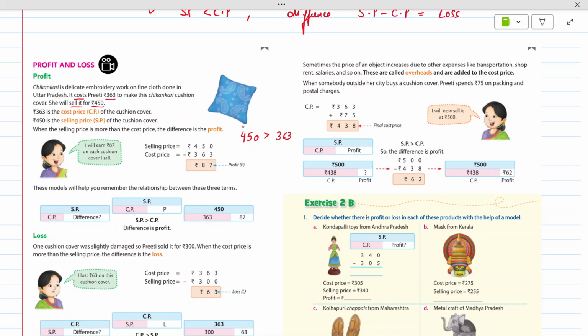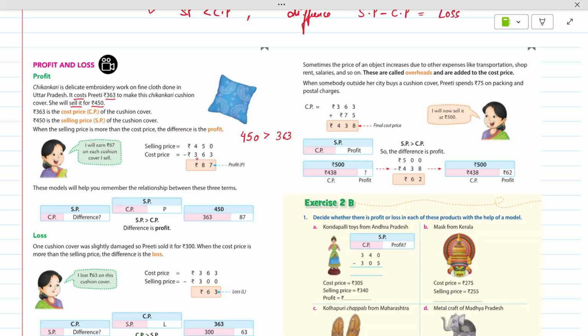So from this statement only we can figure out that we are making profit because the selling price is greater. But now we have to calculate the amount of profit, that is, how much profit we are getting. So that can be done by subtracting these two. Finding out the difference between the two prices will give us the profit or loss. And in this case, it will be a profit. Okay. So the same thing has been done here.